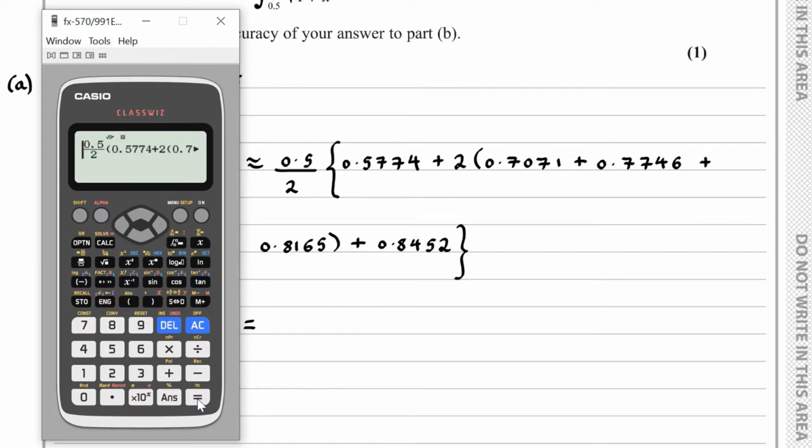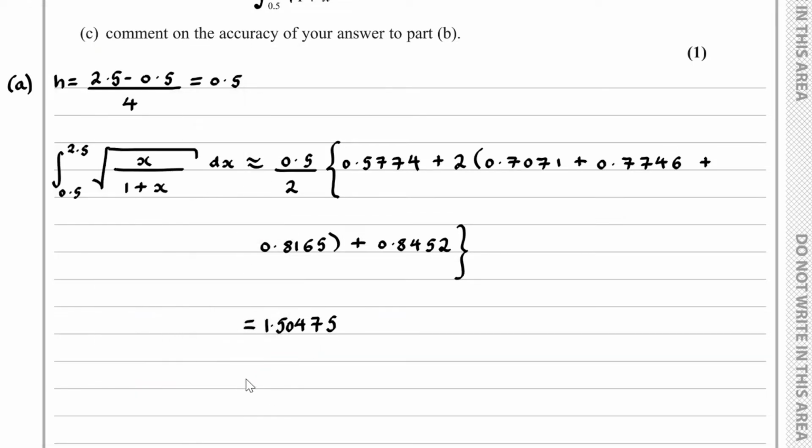So working all of this out, it turns out we get 1.50475. And giving our answer to three significant figures, we have 1.50 to three significant figures.